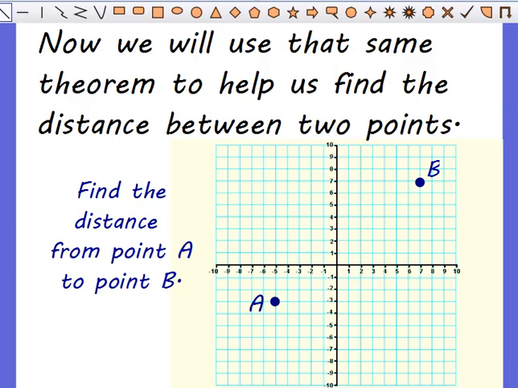Regardless of what 2 points we're talking about, we're going to create a right triangle from those points. I'm going to create a vertical and a horizontal line going from point to point, and then a line that connects the 2 points directly.